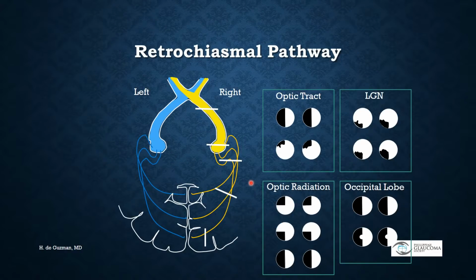So the common elements for retrochiasmal visual pathway lesions are that the defects are hemianopic on the opposite side of the lesion, and complete congruous hemianopia is not localizing, meaning it can occur at various points.